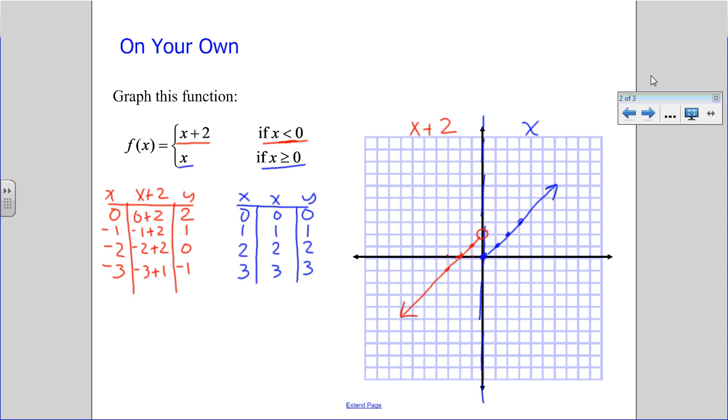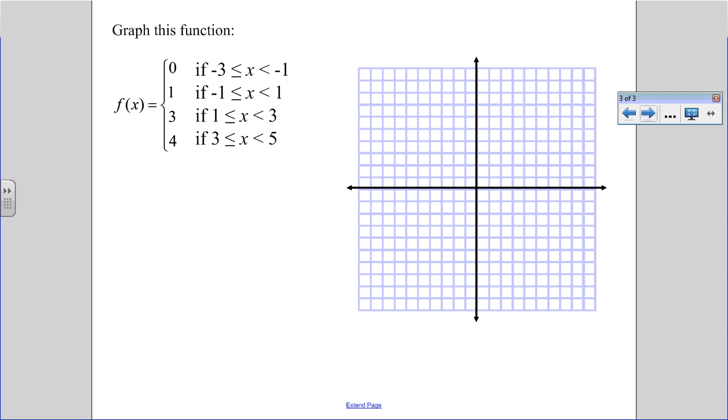We have one more type of function to look at, and that's our step functions here. Step functions, if you notice, there's no x. It's f of x is 0 between negative 3 and negative 1. It's 1 between negative 1 and 1. It's 3 between 1 and 3, and then 4 between 3 and 5. So for these step functions, these are all going to be horizontal lines.